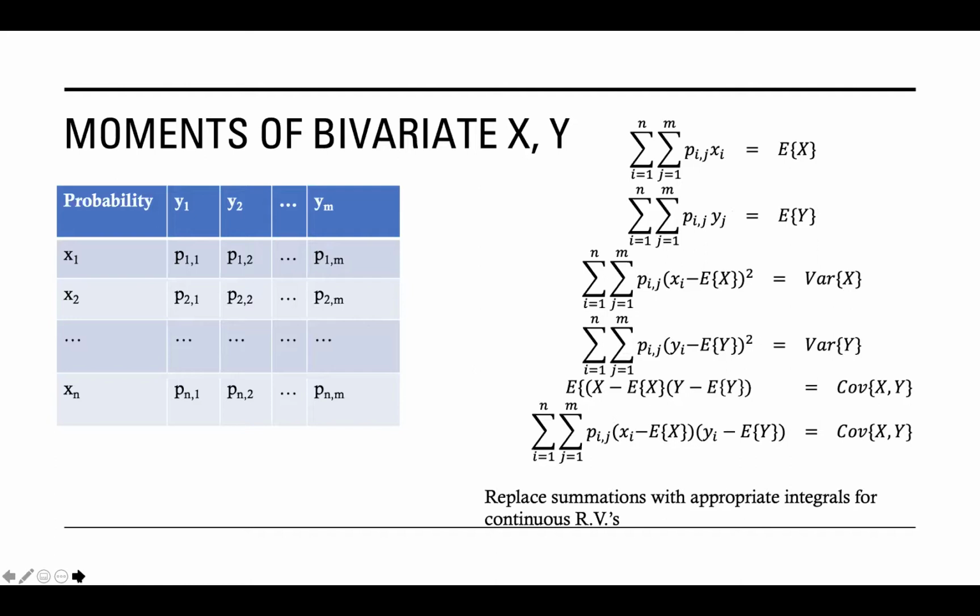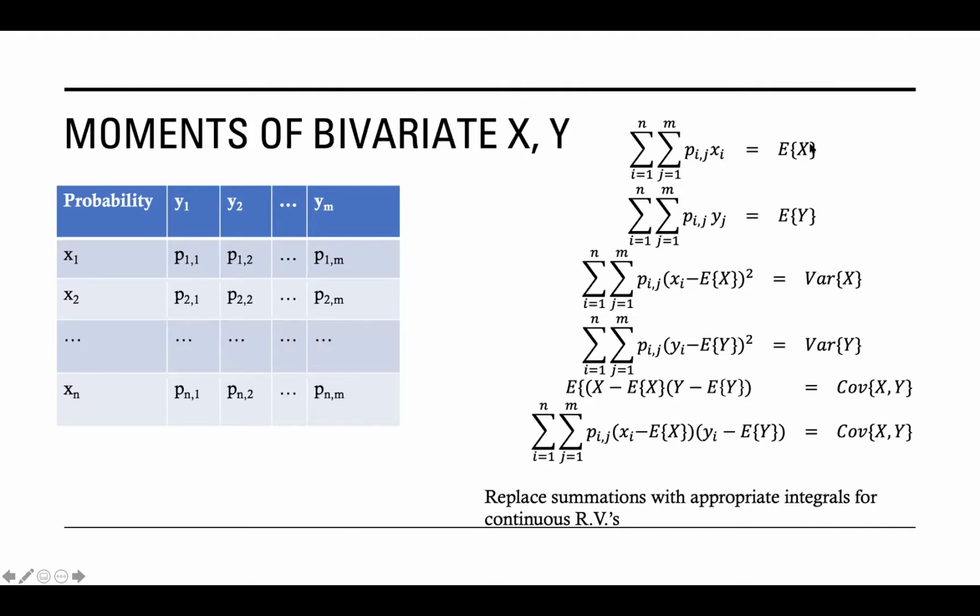So we can now talk about the moments of a bivariate random variable. First, we can talk about the moments of X, which is again just the value of X times the probability summed over all possibilities.